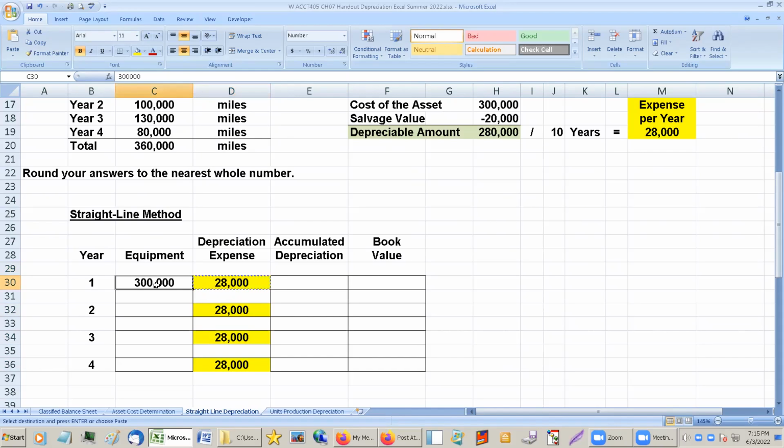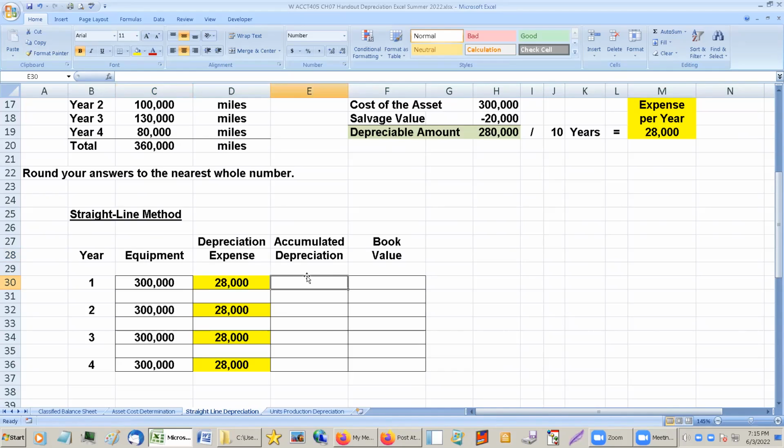So every year we'll have the same depreciation expense. Every single year we'll have the same equipment expense.